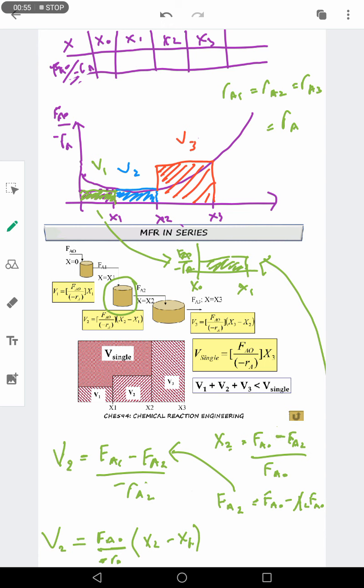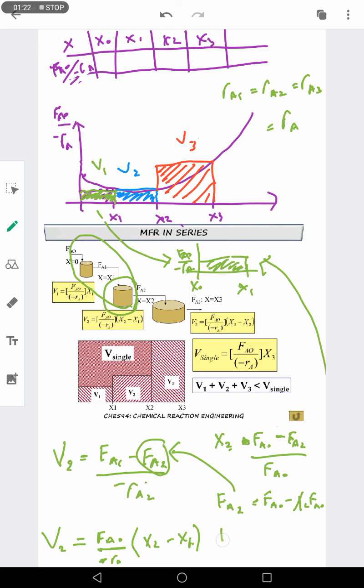Okay, sebab X2 ni dia calculate untuk these two reactors kan. So dia punya calculation adalah the flow, the inlet has to be FA naught and the outlet has to be FA2 over inlet which is FA naught. So FA2 you dapat begini, so you akan masukkan dalam FA2 here.